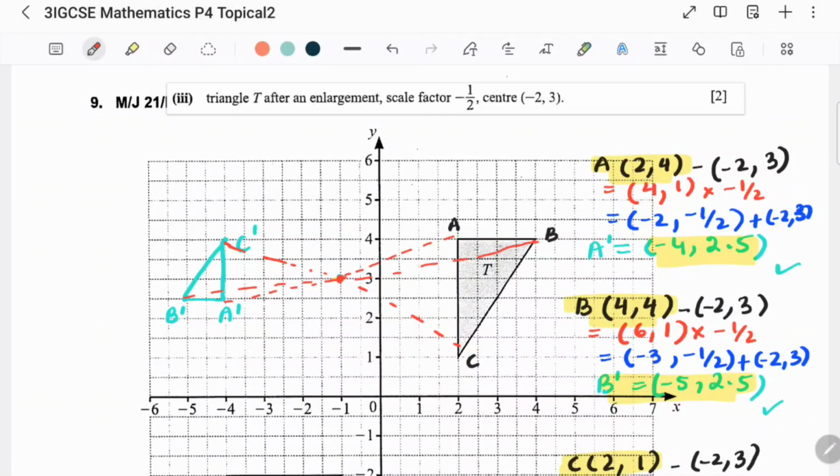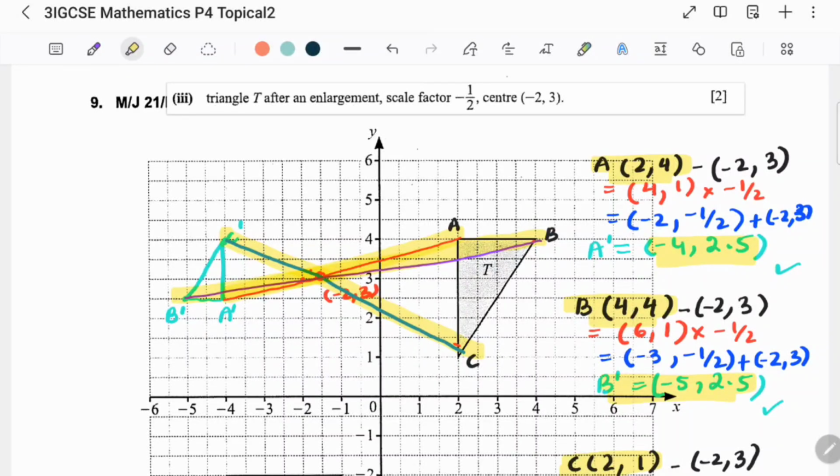Just draw the diagram properly and use your ruler, then you can find out the center. I just draw it again, then you can easily understand that minus 2, 3 is the center, and I have A to the center to A prime, B to the center and B prime, and C to the center with the C prime. And the scale factor is minus half.